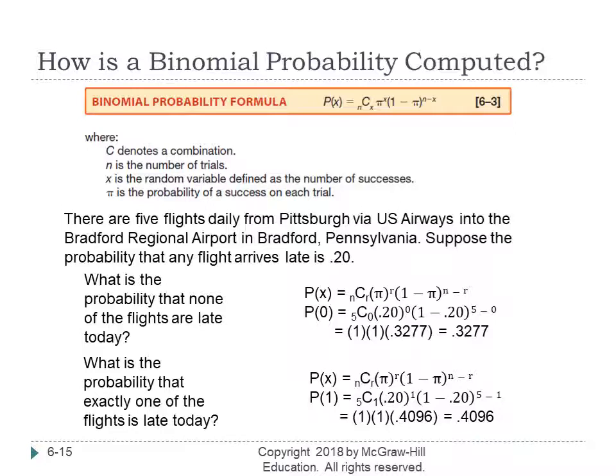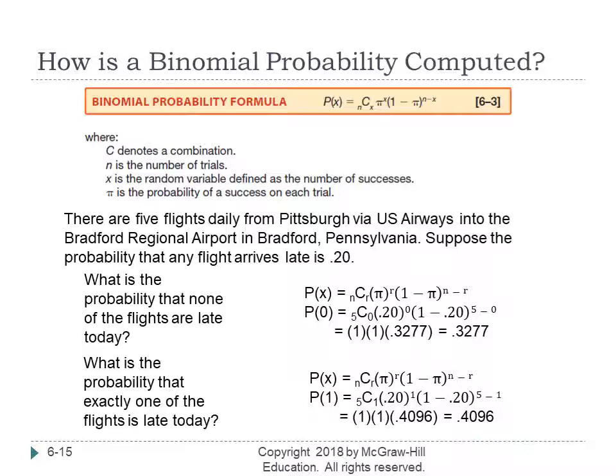There are 5 flights daily from Pittsburgh using US Airways into the Bradford Regional Airport. That's a city in Pennsylvania. There's 5 flights. Suppose the probability that any flight arrives late is 0.20. Here, you have 5 flights, so n is equal to 5. Now each flight is either late or it is not late.